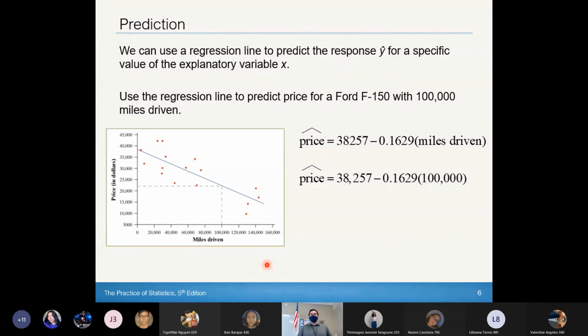We replace the miles driven with 100,000 and punch this through the calculator. We get that the predicted price for a Ford F-150 that is driven 100,000 miles is $21,967. This is not saying that it is the price. This is the predicted price.